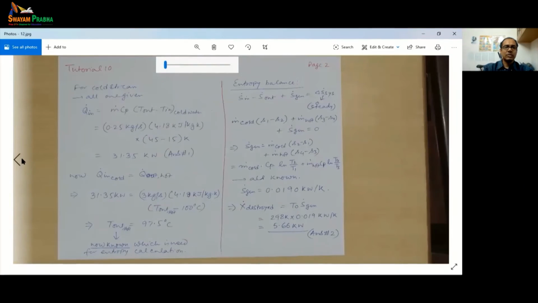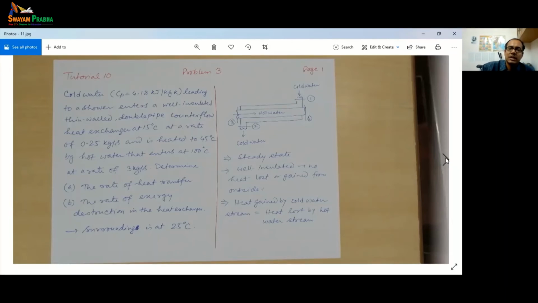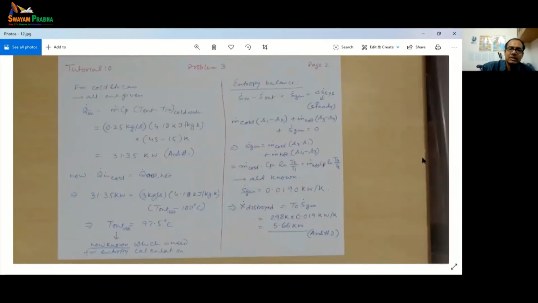So in this process, what we have seen is that this is not a closed system. This is another control volume system, but the difference from the compressor problem that we just saw earlier is that this is a heat only process. There is no work transfer or work involved, so a heat only process can give us a similar kind of analysis.